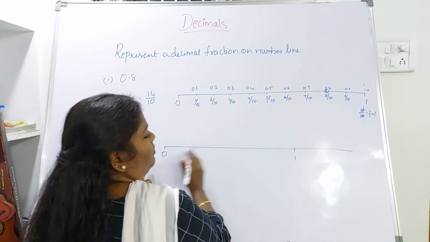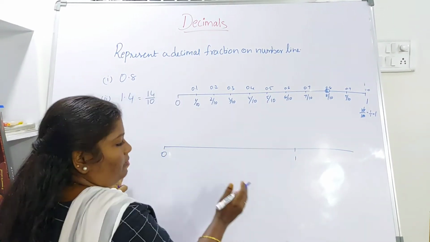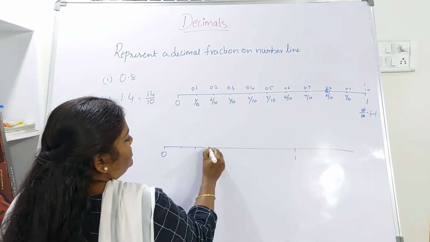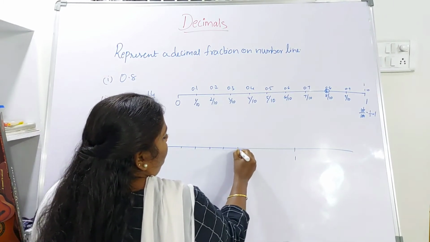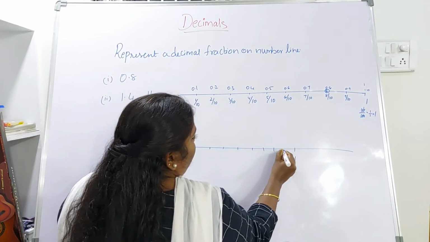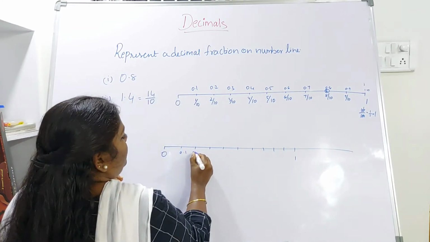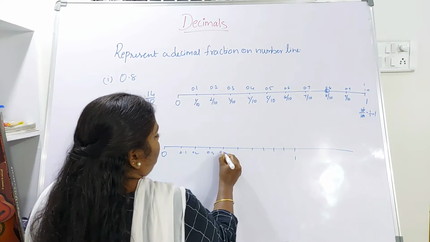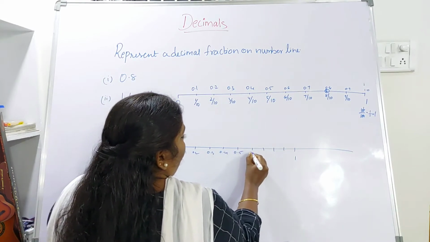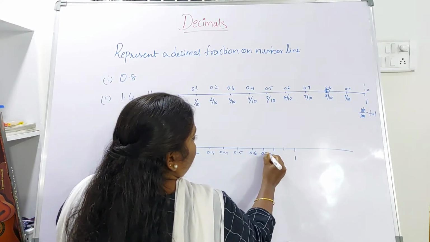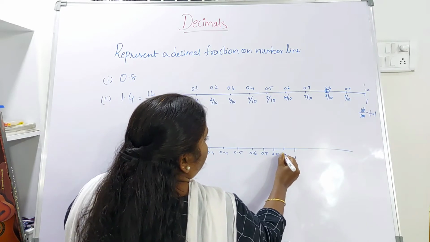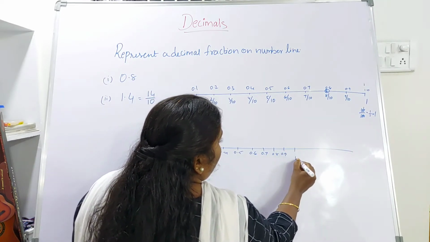Now this middle portion is divided into 10 parts and each has, so this is 0.1, 0.2, 0.3, 0.4, 0.5, 0.6, 0.7, 0.8, 0.9 and this is 1.0.